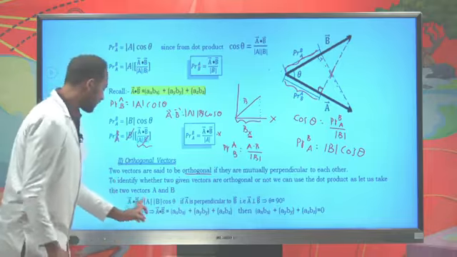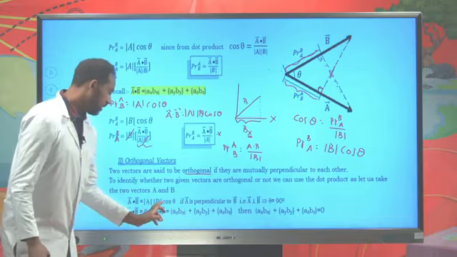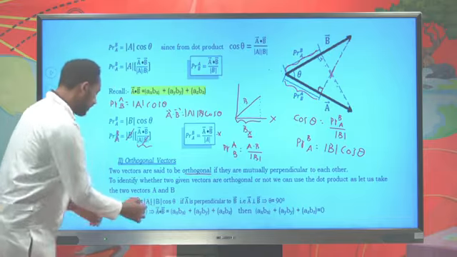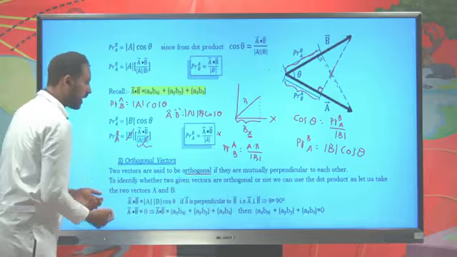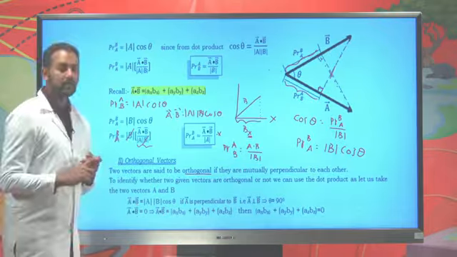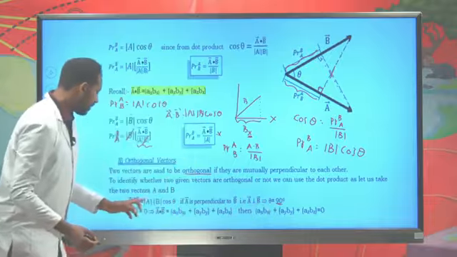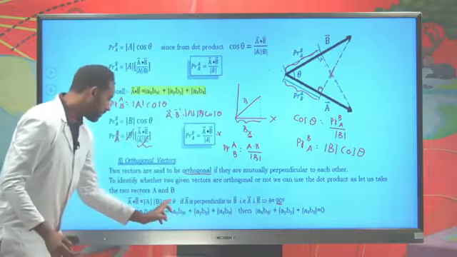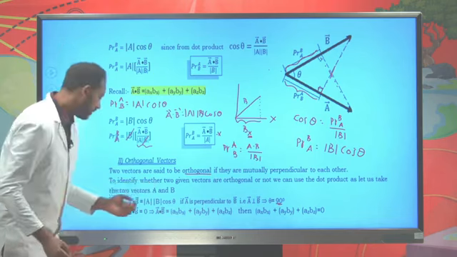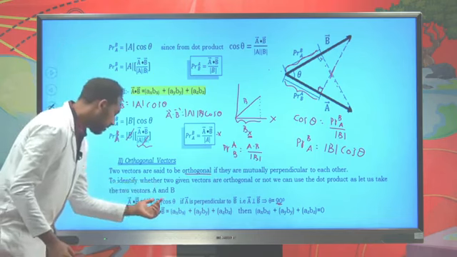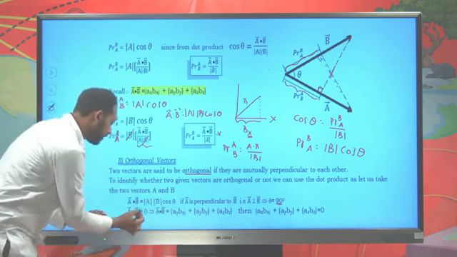A dot B gives us magnitude of A, magnitude of B, cosine of theta. If two vectors A and B are perpendicular to each other, the angle between them would be 90 degrees. When you substitute cosine of 90, you know that cosine of 90 gives you 0. So magnitude of A, magnitude of B, cosine of 90 gives us 0.